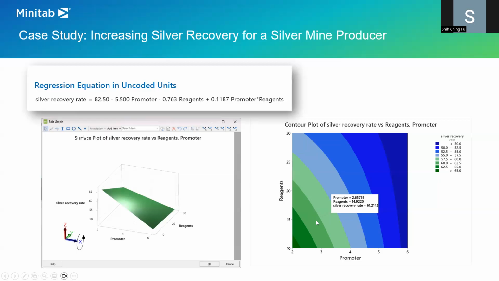Using this option, you can identify the practical settings. Optimal is not always practical, but the best thing you can do is find a practical and also the best option you can. So use this graph to identify where I can set the promoter and reagent. The optimal point normally is not practical.